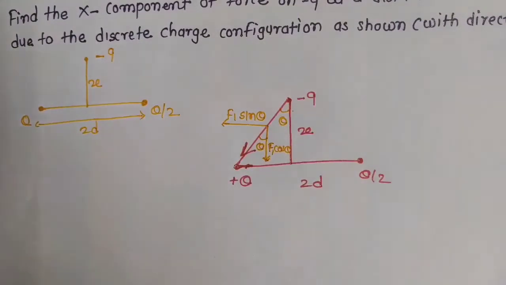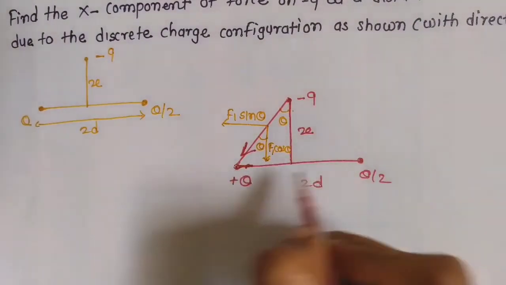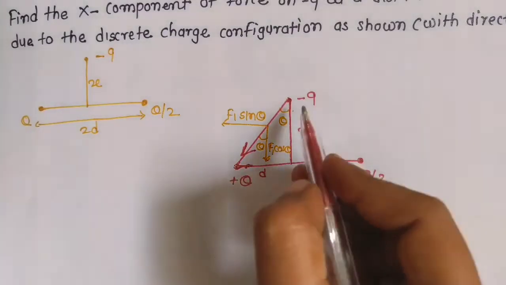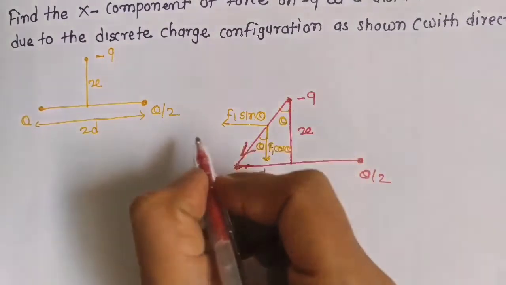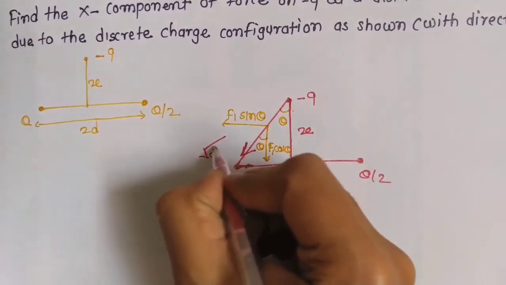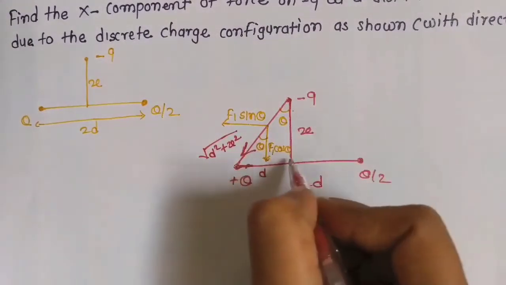The distance, this distance is twice d, so half of this is d, this distance is d, and this distance is x, therefore this distance is under root d square plus x square according to the triangle law.